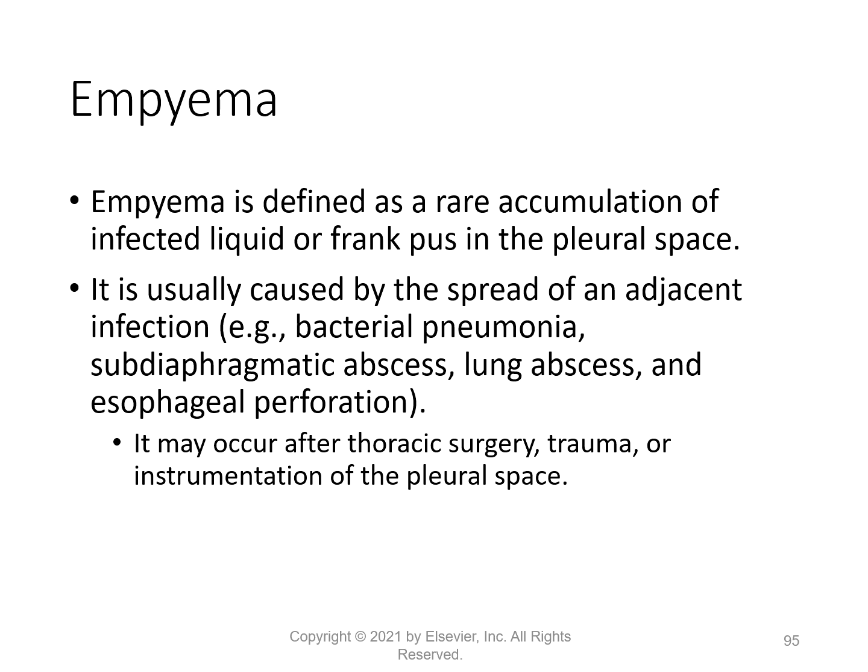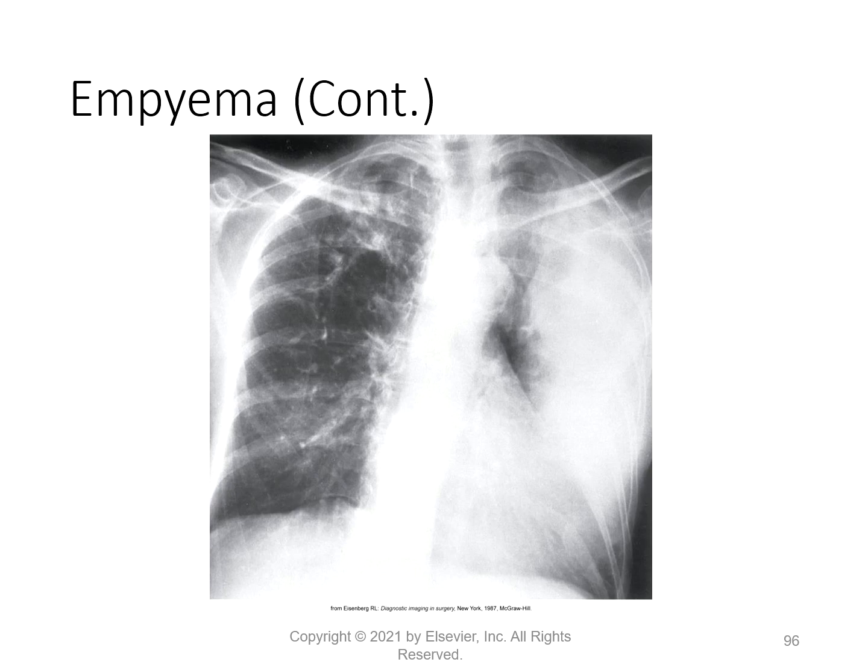You can also have lung abscesses and esophageal perforation. Anything that's going to be in there to get infected and produce pus could lead to empyema of the pleural space. So here's an example of a significant event. We're seeing this whole left lateral lung filled with a radio-opaque material.